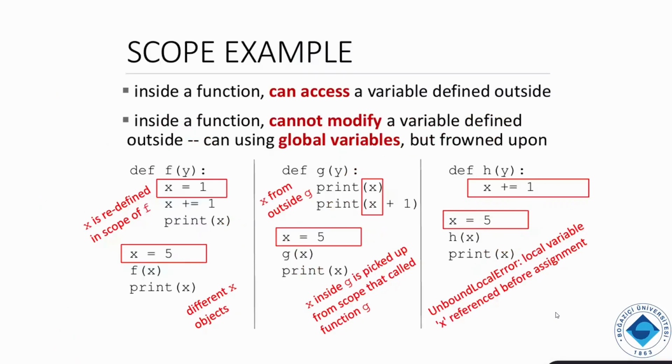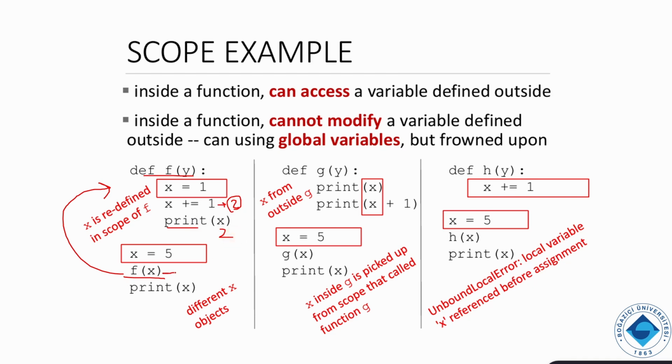And let's continue with a scope example. Inside a function you can access a variable defined outside. It means if we define outside x equals 5, once you call the function, it will go to here, and then x equals x plus 1, so it will be 2. x will be 2 here, and it will print 2, right?